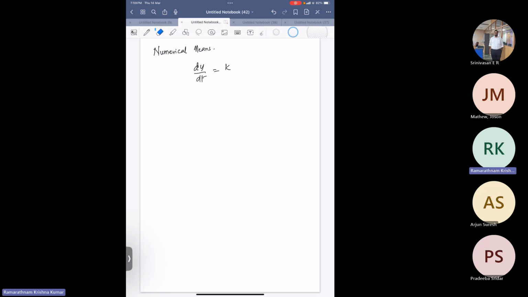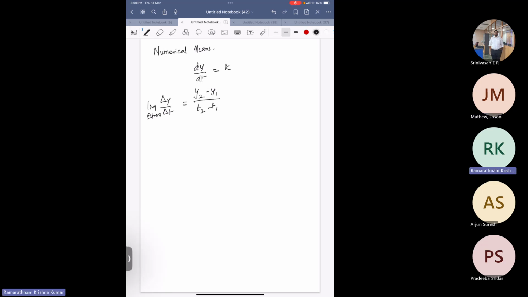I can write dy as y2 minus y1 divided by t2 minus t1. Because after all, this was nothing but delta y by delta t as delta t tends to 0.